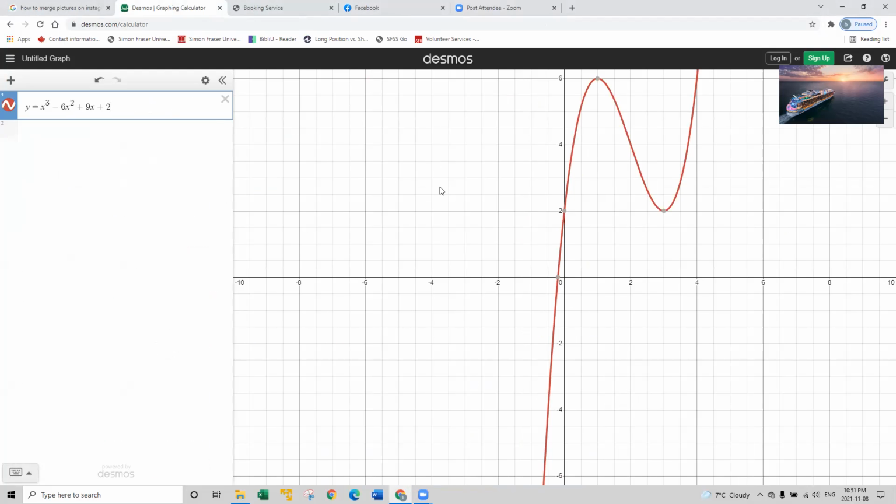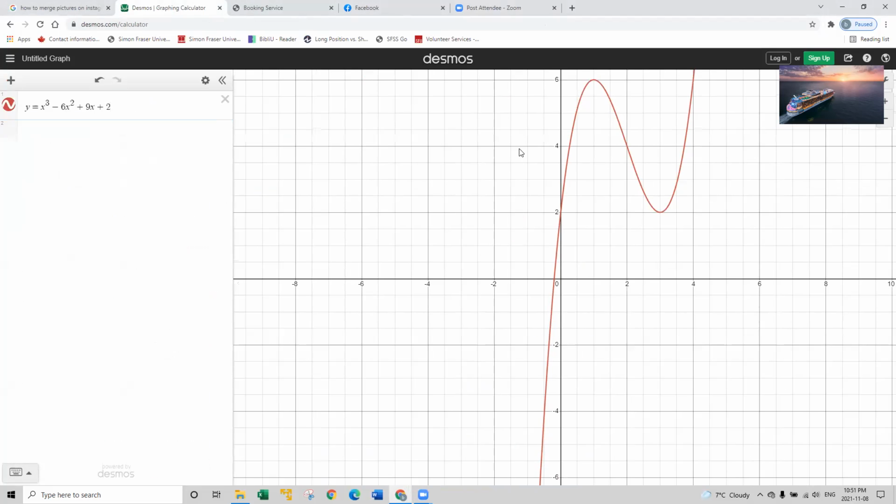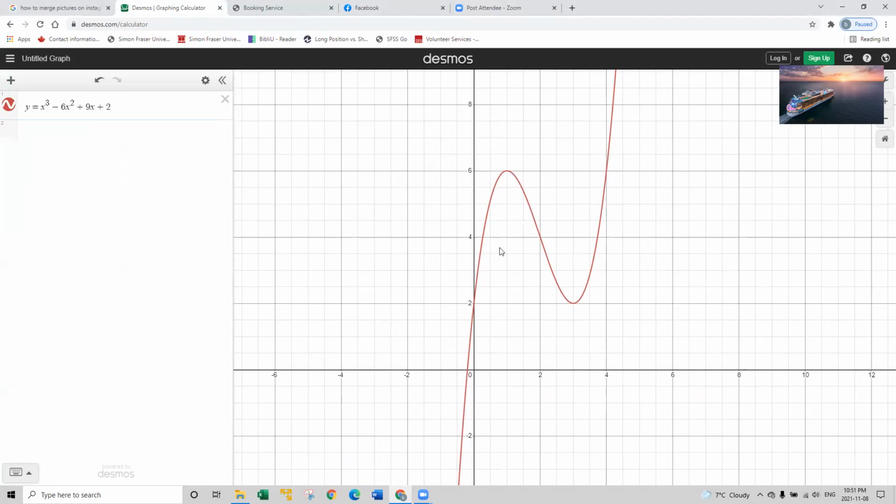As you can see, pretty much all the characteristics of this graph we've described in our curve sketching that we've been doing for the past 15 minutes.